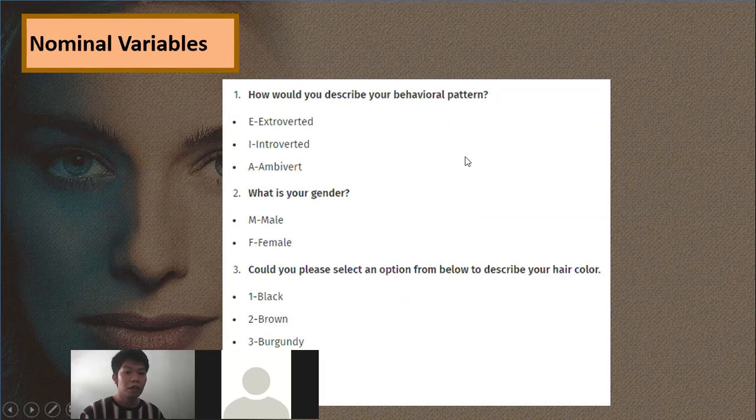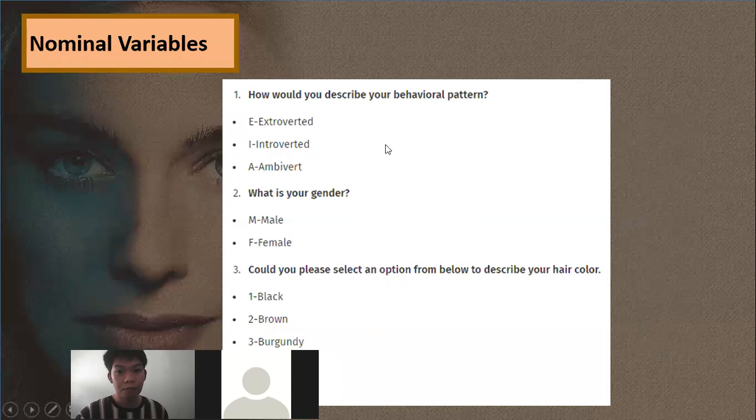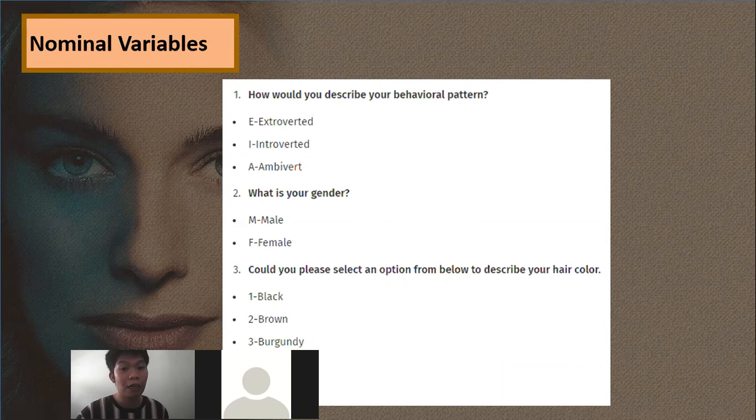So, depende rin sa theoretical framework na gagamitin ninyo in determining the behavioral pattern. Kasi there are a lot of theories that can be used when it comes to measuring or determining the behavior. So ito, for example, kung extrovert or introvert or ambivert. So meaning sa this type of question may tatlong options.